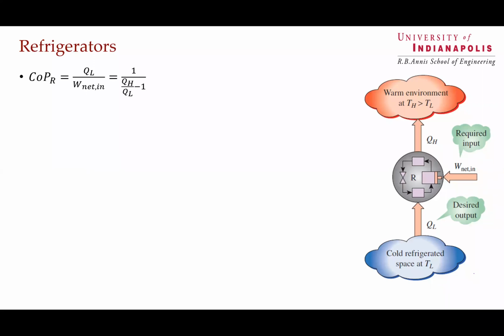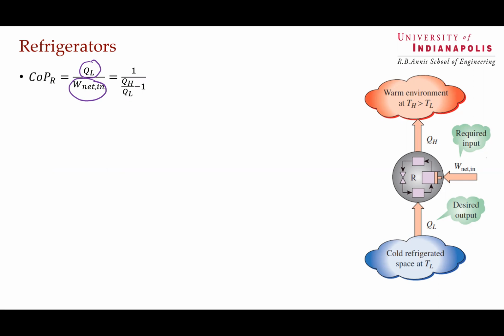For refrigerators, we defined the coefficient of performance, that is the desired output divided by the required input. The desired output for refrigerators, which are also cyclic devices, is the cooling load, or the heat removed from the cold space. Now this is an unusual thing, because what we're seeing here is heat transferred from a colder space to a warmer space. Does it happen spontaneously? No, it doesn't.